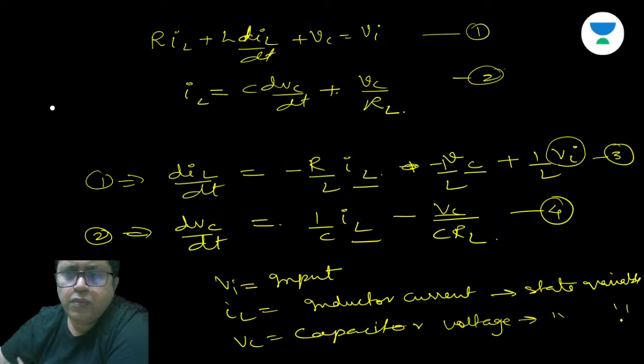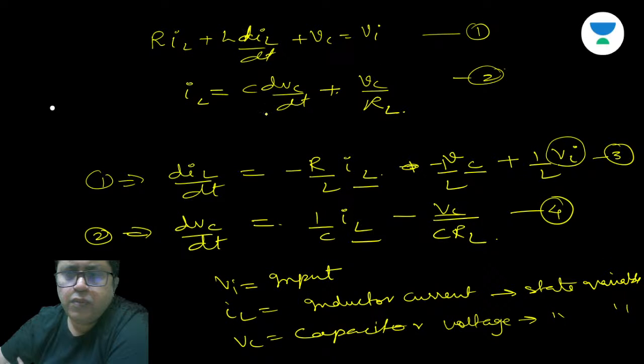Okay. So what I will do is I will write down in matrix form the derivative of state variable, dIL by dt, dVc by dt, is equal to, okay, these are state variables.